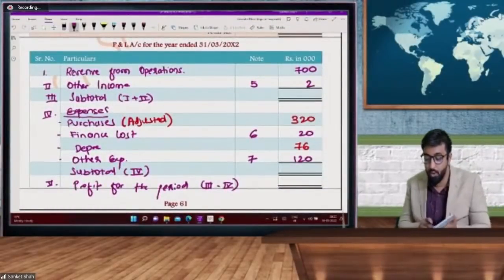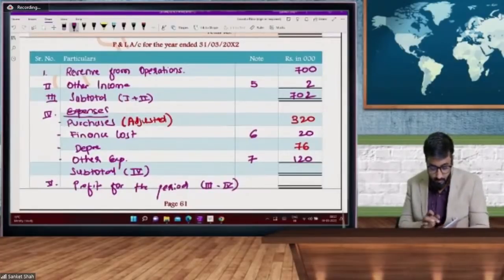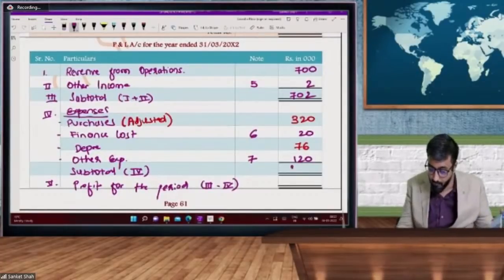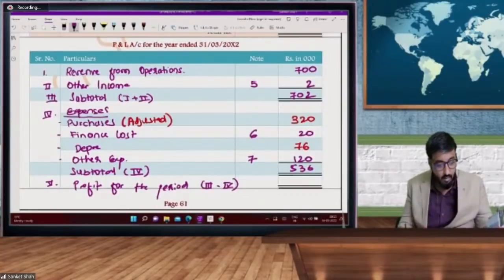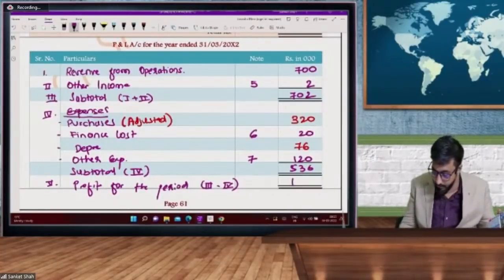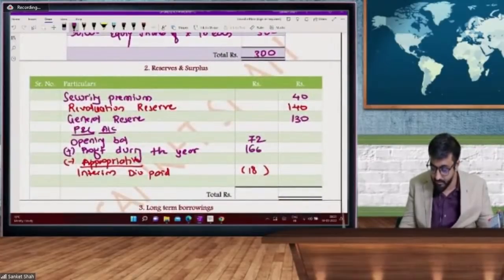Calculate profit or loss. 702, 536, 166 is a profit. We are going to add 166.